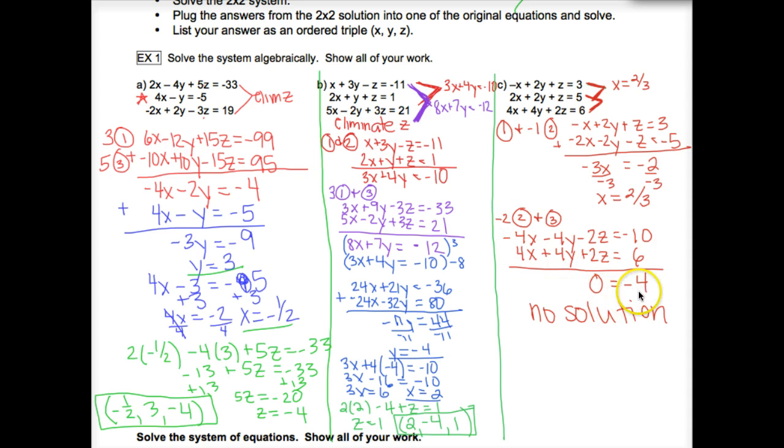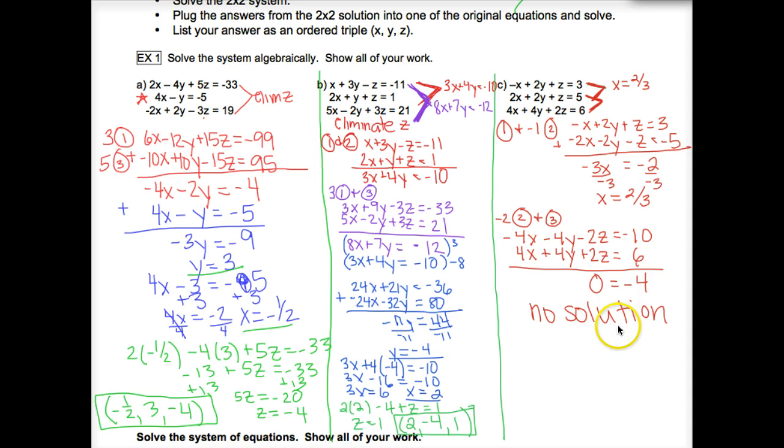Now remember, if the variables drop out and it's a true statement, like 0 equals 0, then that would be infinitely many solutions. Now, let's say that you hadn't picked 2 and 3. Let's say that you picked 1 and 3. If you picked 1 and 3 instead, you might not get them all to drop out.